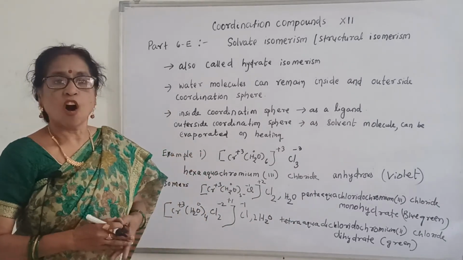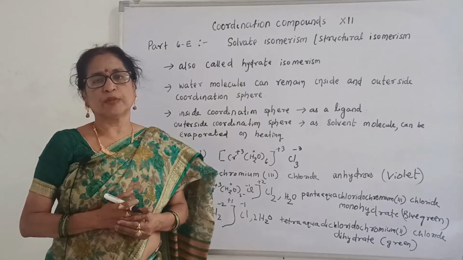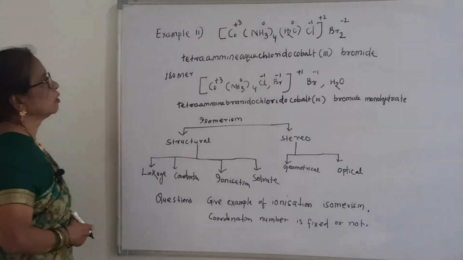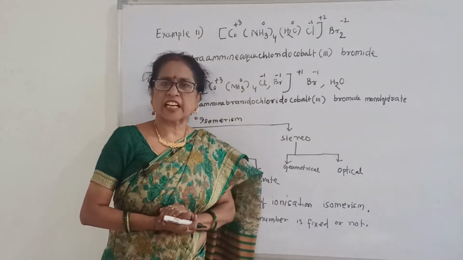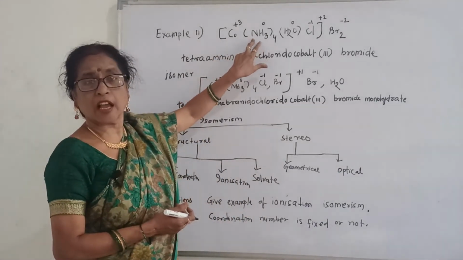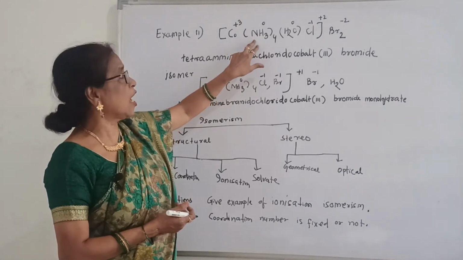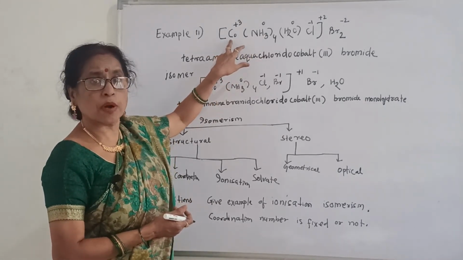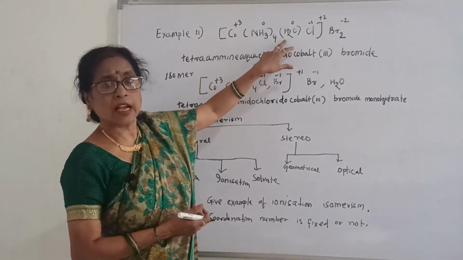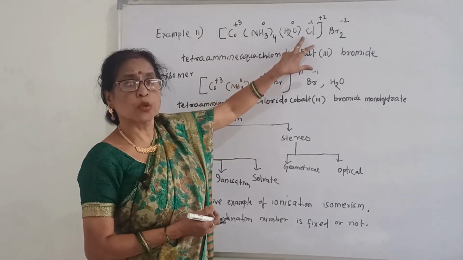Now we will see another example of solvate isomerism. Here we will observe the second example, that is tetraammine. That means 4 ammonia molecules surrounded by cobalt, the central metal ion, and water as aqua, and Cl minus as chlorido.